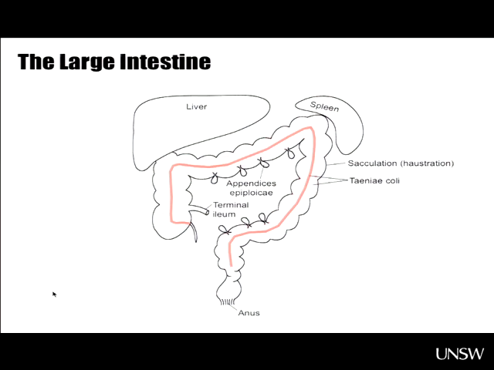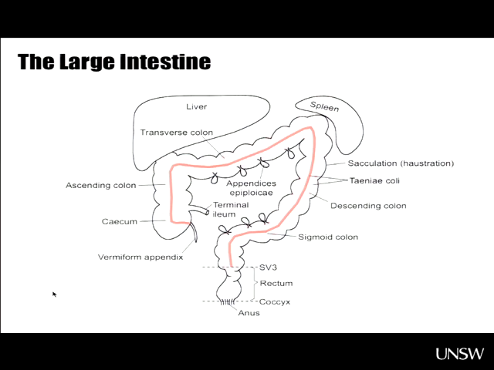Now, all the parts of the large bowel, as we said, we've got the ileocecal junction here. We've got the little vermiform appendix hanging down, and that's quite important clinically, so we're going to spend a bit of time talking about that. Then we've got the blind bit, the cecum.